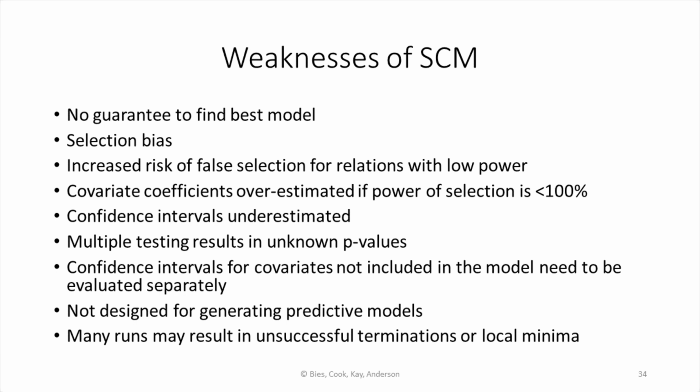You're doing all these different tests and you're getting differences in objective function value and crossing thresholds, but often multiple testing penalties are not applied. And we don't know what the appropriate penalty would be to apply in this case. It's not designed really for generating predictive models, and many runs may result in unsuccessful terminations or local minima.